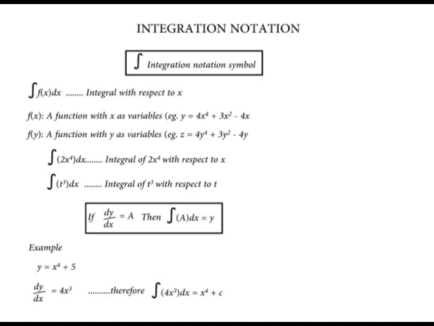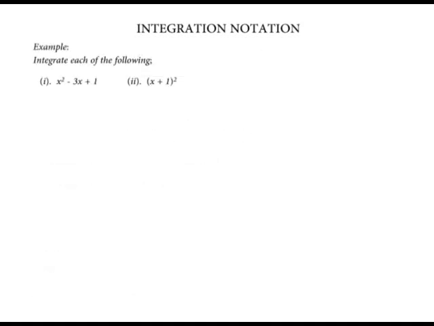Let's take an example. Integrate each of the following: x squared minus 3x plus 1, and (x plus 1) squared. In the solution for the first one, we write it in the conventional way. The integral of x squared minus 3x plus 1 with respect to x will be equal to a third x cubed minus 3 over 2 x squared plus x plus c.